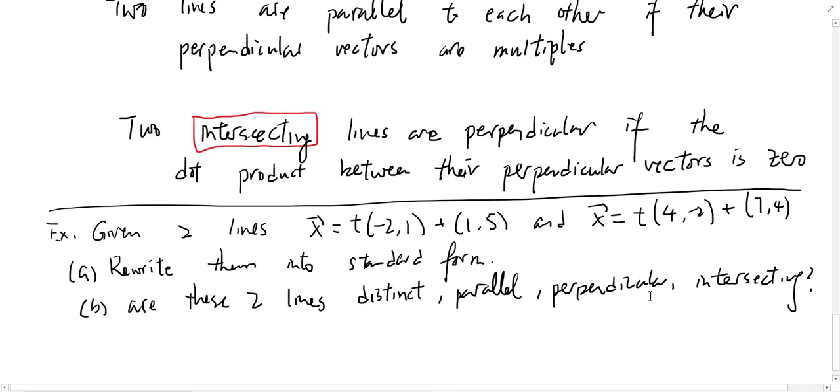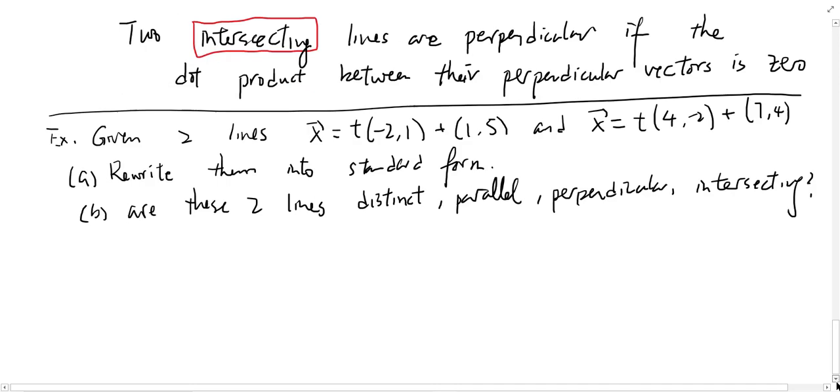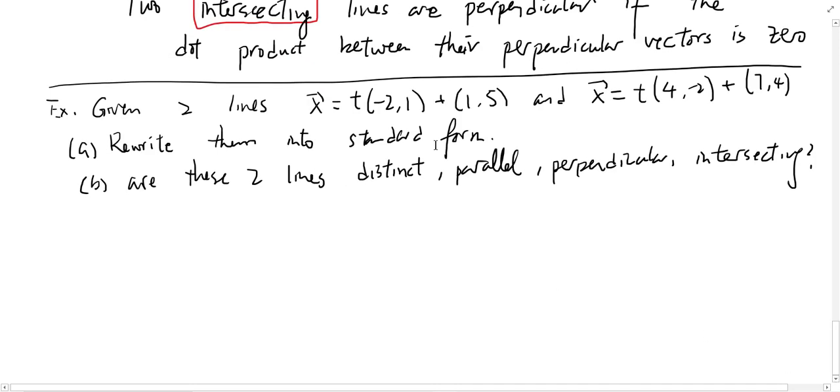But of course, the idea is that if it's in R3, then we won't be able to write in standard form to begin with. Now, one of the reasons why I want you to write them in standard form is the following. If you write them in standard form, it's actually very easy to compare them. The reason is, if you remember what I told you about parametric form, parametric form is not unique.